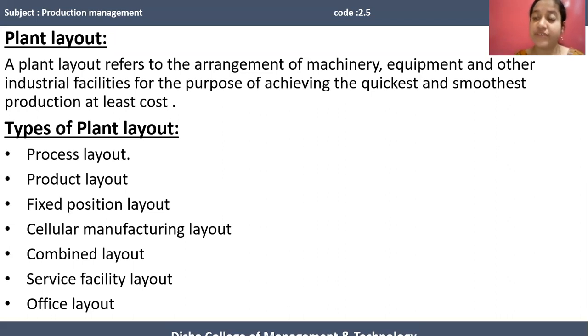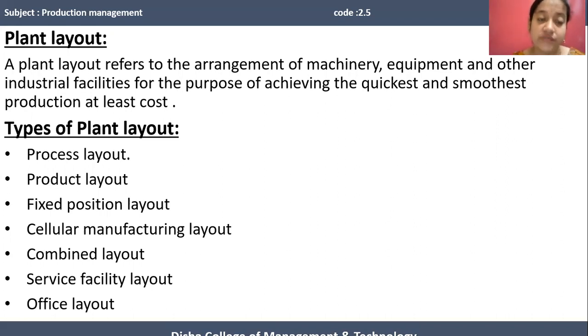So plant layout, we can say it is a physical arrangement of everything which is necessary for producing a particular product. What elements are necessary for producing a particular product should be arranged in a sequential manner so that production can be done in a rapid manner or as quick as possible.